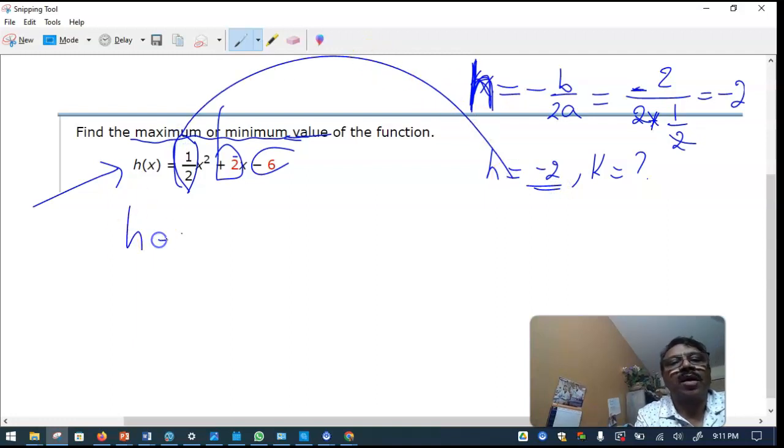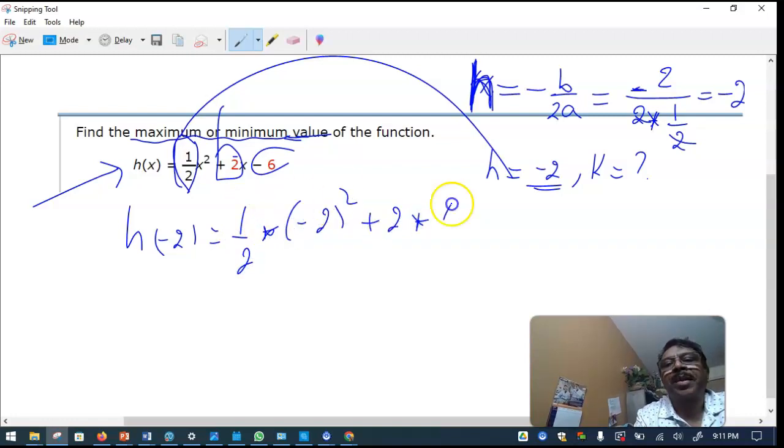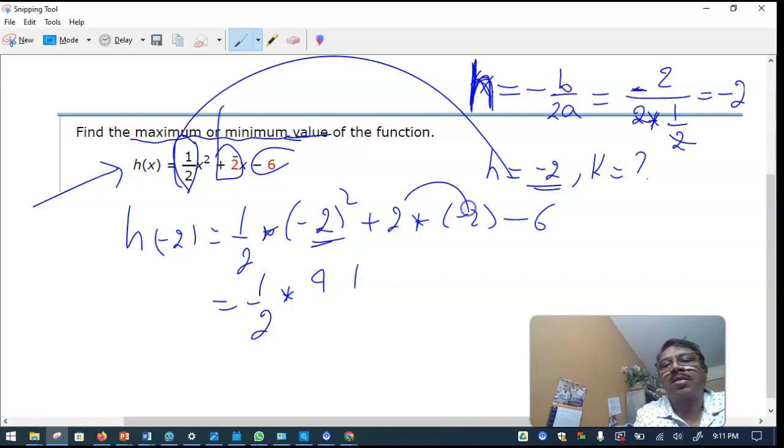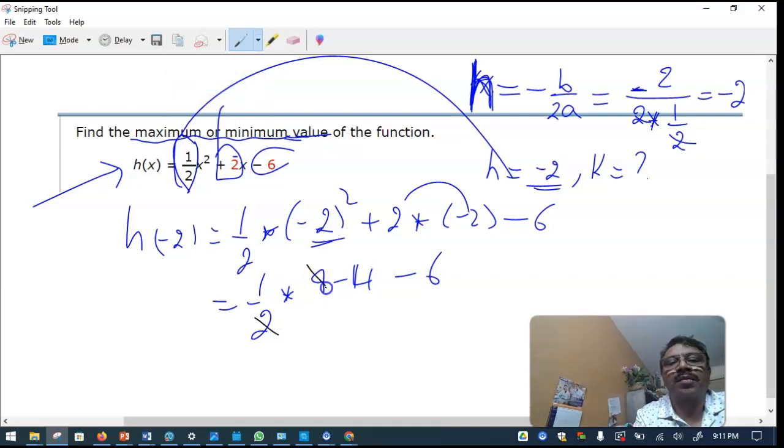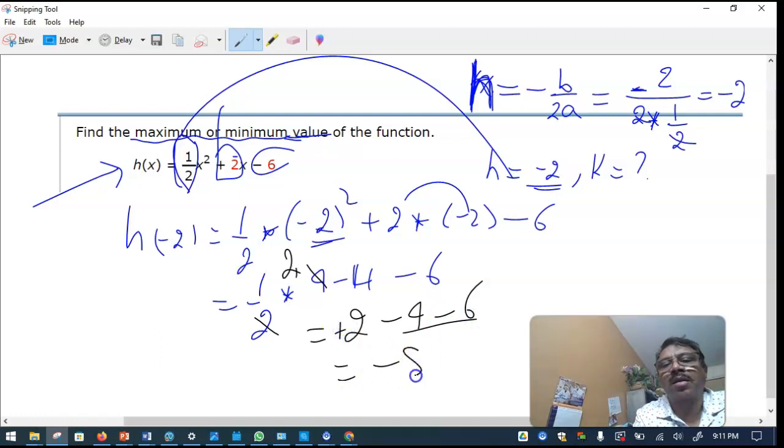So h of minus 2 is half times minus 2 the whole square plus 2 times minus 2 and then minus 6, right? So this will be half of 4, which is 2, and this together will be minus 4 and minus 6, so you get 2 minus 4 minus 6, which is minus 10 plus 2, so you get minus 8.